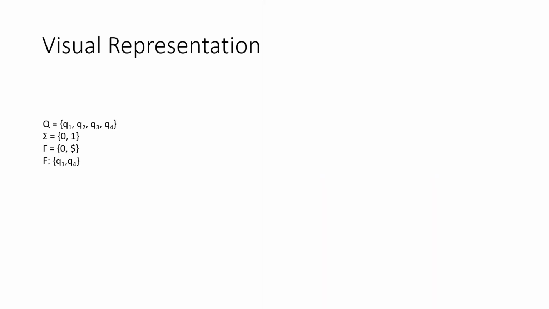So now let's look at the visual representation of a pushdown automata. I'm going to go ahead and show you what the circles and arrows are going to look like. That will get you a sense of what it should be. All right, we'll start with Q1, and because I can accept the empty string, I know it's going to be an accept state. And now I want to start counting zeros.